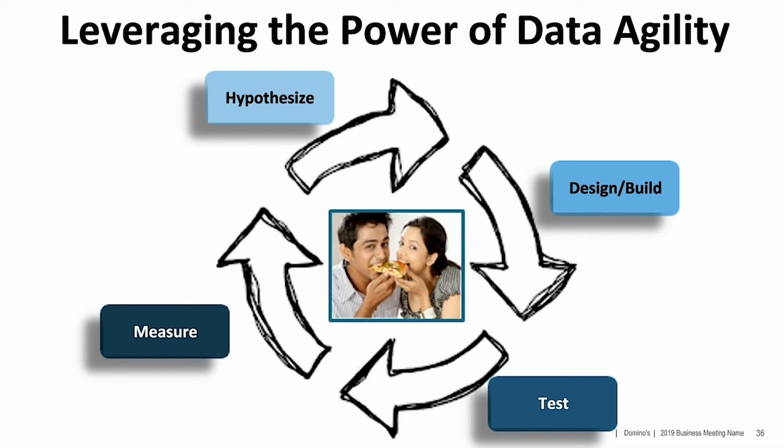So we all believed kind of in our gut that data agility, and that's my title of this slide, leveraging the power of data agility, was going to be key to our success. And really that iterative process of being able to hypothesize something and say, we believe that we might be able to reach a segment of the population in a more effective way if we go do X, Y, and Z.